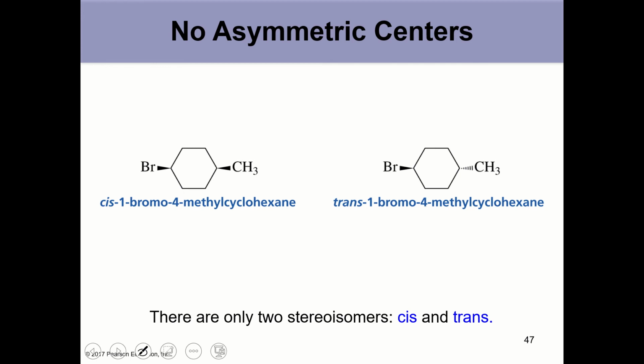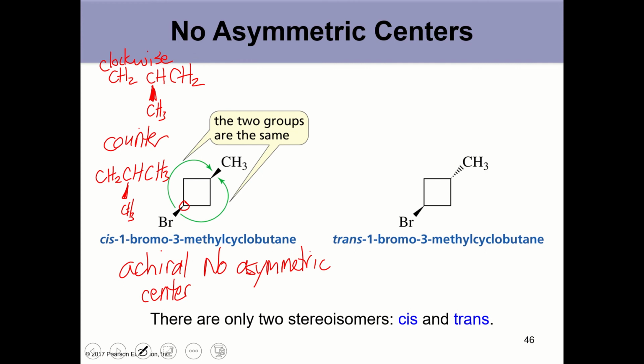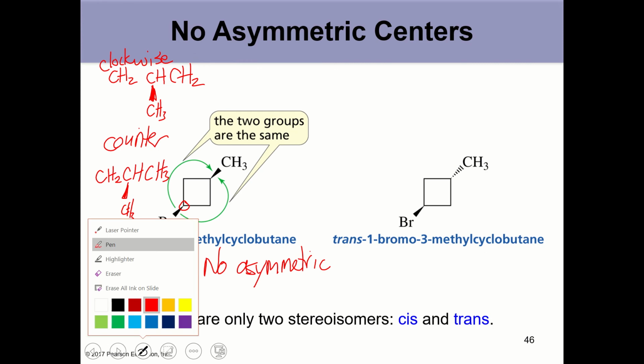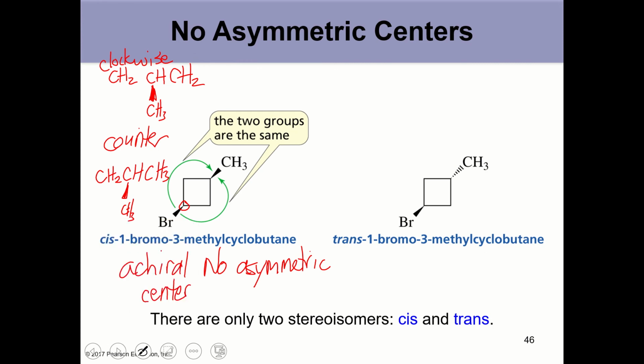Furthermore, when we have no asymmetric center, one of the things that I would like to point out is that we have an internal mirror plane, just like we looked at in the handout. If we cut the molecule across the line that I have shown, the two halves are identical.